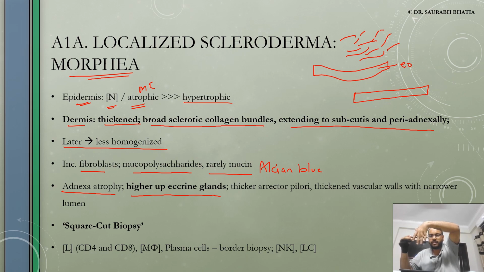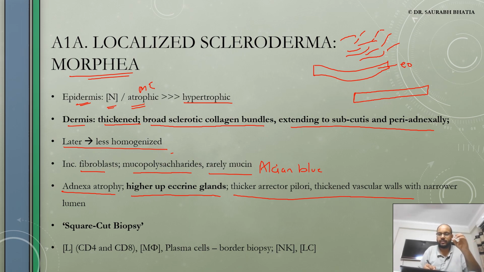It will pull it up. That is known as pulled up eccrine glands or pulled up adnexa, and you see eccrine glands at a higher than normal level. There is also a thicker erector pili, and thickened vascular walls with a narrower lumen. So the vessel walls become thicker and the lumen narrows.